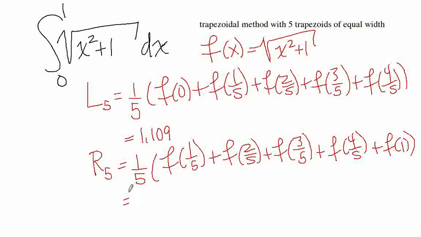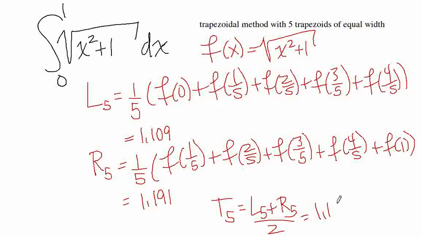And working that out on your calculator, you will get 1.191. Okay? Now, adding those two decimals together and dividing by 2, you will get the trapezoidal approximation method, which is, for this problem, 1.15.